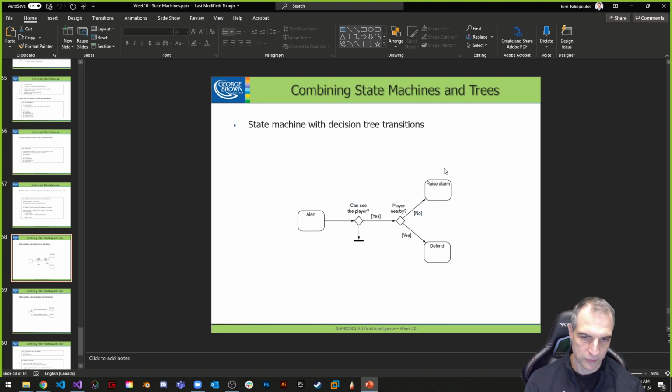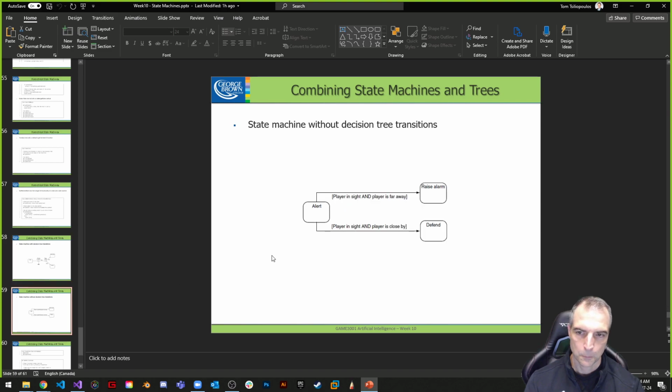Go into that state machine, going through that functionality as well. Okay, and you can see that these alert, raise alarm, and defend are 3 different states that are inside of the decision tree. Okay, or they could be hierarchical states. Like I said, there could be a black box of other actions and transitions inside of these little states themselves. Okay, so decision trees and state machines can combine nicely.